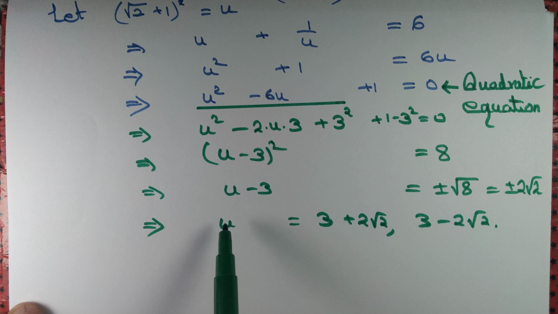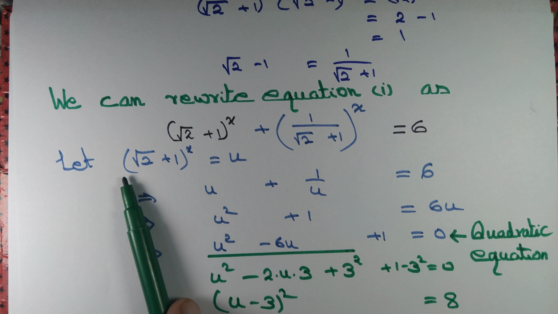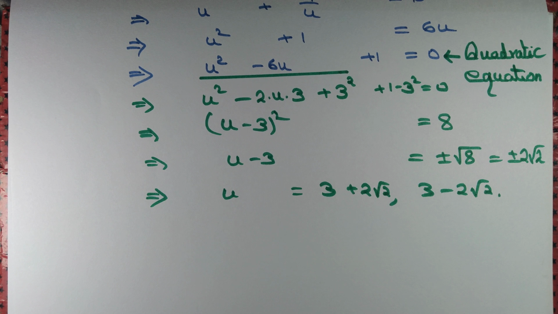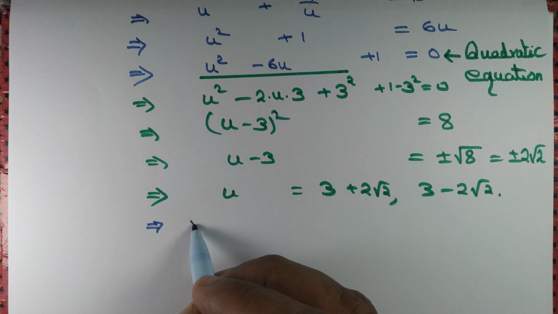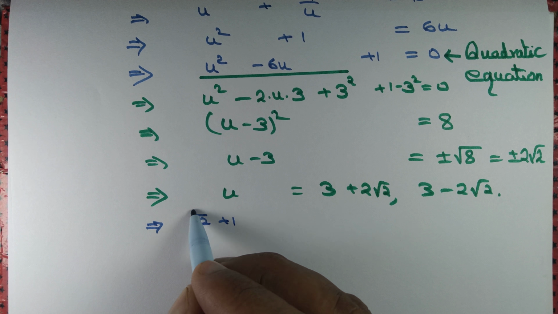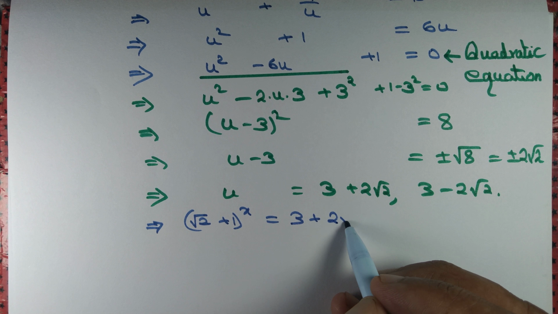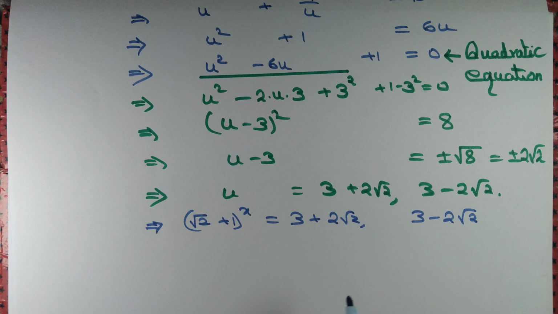But what exactly is u? We are assuming u to be equal to (root 2 plus 1) to the power x. That implies (root 2 plus 1) whole thing to the power x equal to 3 plus 2 root 2 or 3 minus 2 root 2.